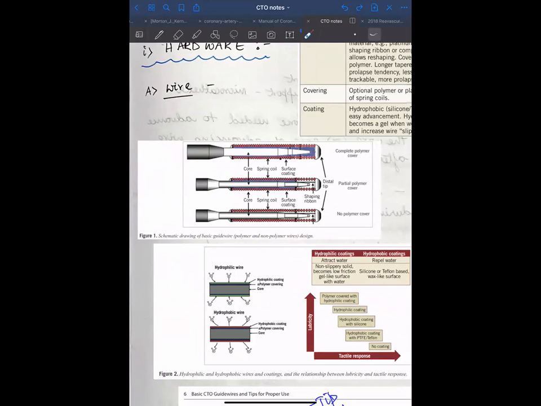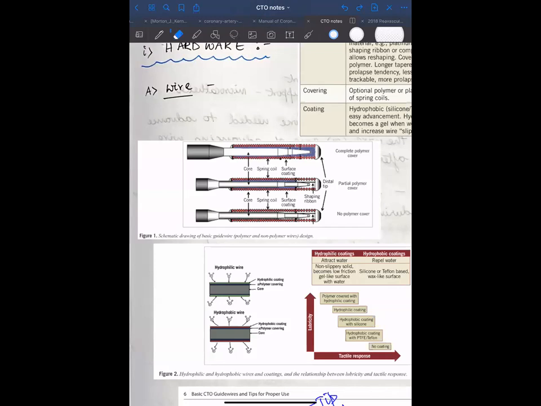See, you can bend any wire because this is a tapering steel tip, but then it will take the course. But this shaping ribbon, see, if you are in the CTO and you are turning, if you have something which will retain the shape only, it will start carving inside the CTO when you turn. So the shaping ribbon is to maintain the primary curve, with good tensile strength. You can understand it that way.